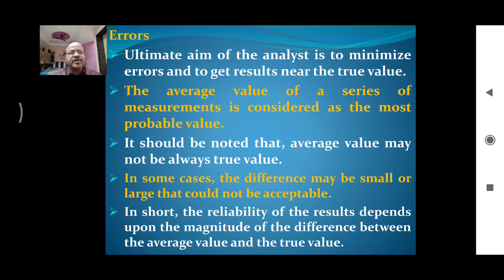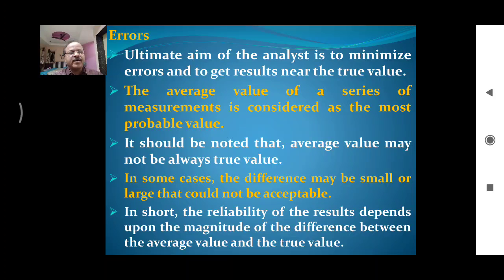So this average reading may not always be near the true value, and that may also give space to errors. In some cases, the difference may be small or large, so that it could not be acceptable.